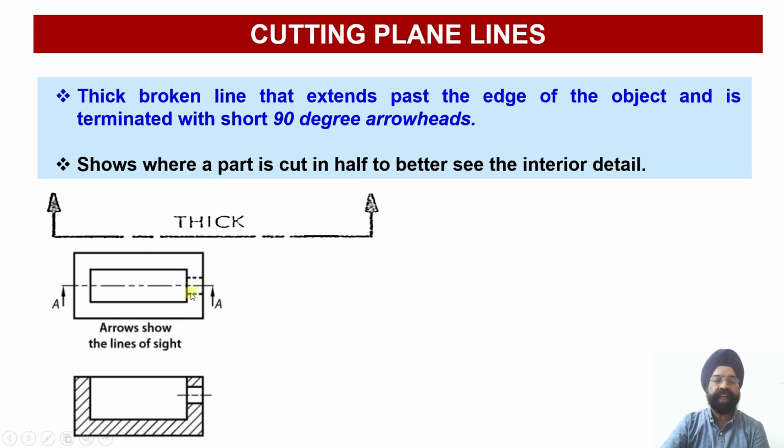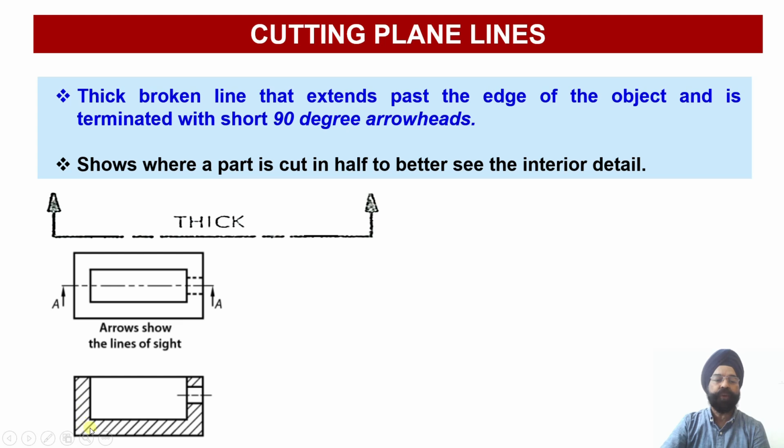Similarly, this was a dotted line and this was again indicating that there is a hole over here. Now through this sectioning we are able to get the exact view of the internal details of this particular object. And once the object has been cut, whichever portion it has been cut at is called the section.